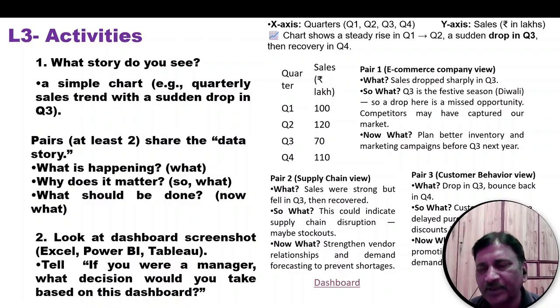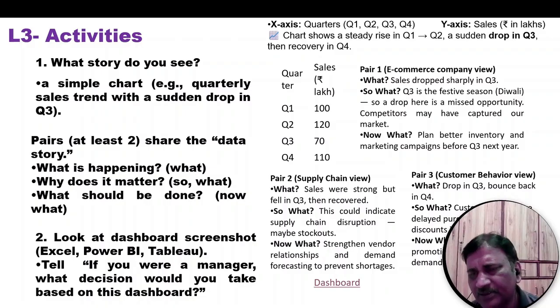Now let us see what pair three will be working on around the problem of dropping sales in quarter three. They are investigating the problem. Sales have dropped. Why? So what: customers may have delayed the purchase, waiting for a discount in quarter four. Might be that a quarter four discount was announced last year, and the customers are waiting for the same kind of discounts this year.